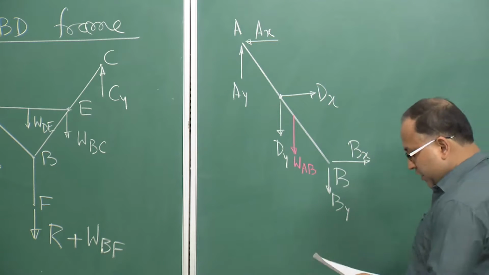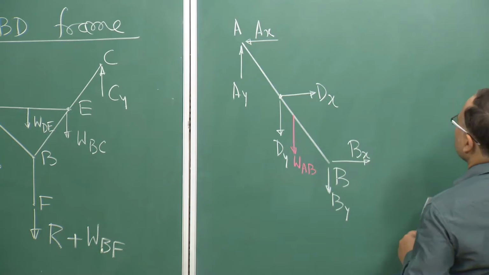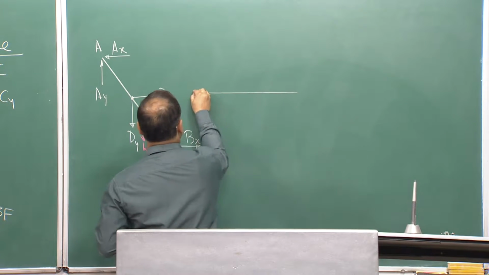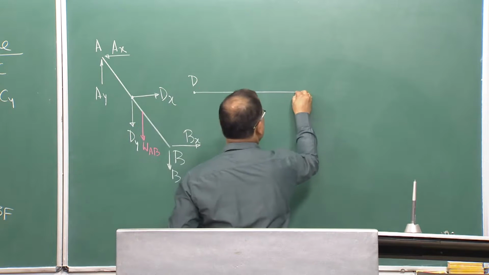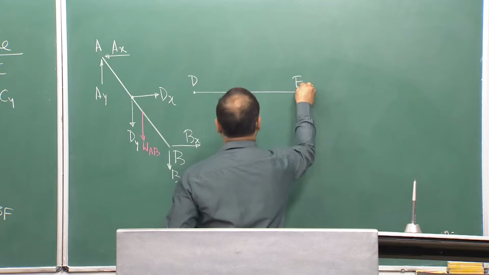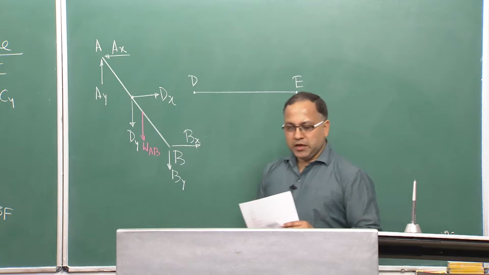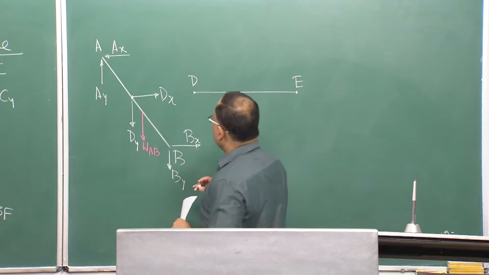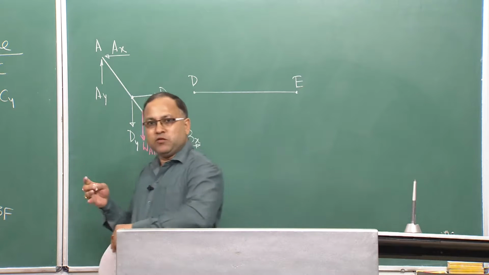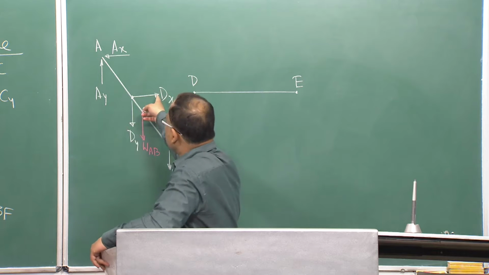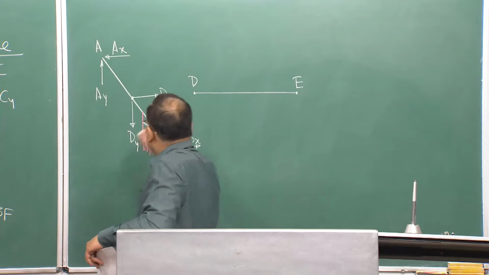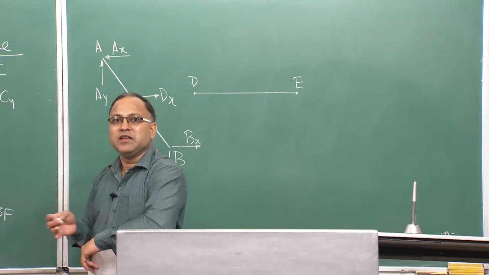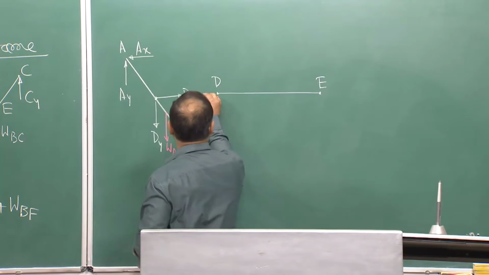Similarly, I can draw the free body diagram of member DE. This is the member DE. Here one thing you have to remember. At point D, because it is in equilibrium, whatever direction of Dx is shown on this member, it should be exactly opposite and equal on the other member, otherwise it will not cancel each other.